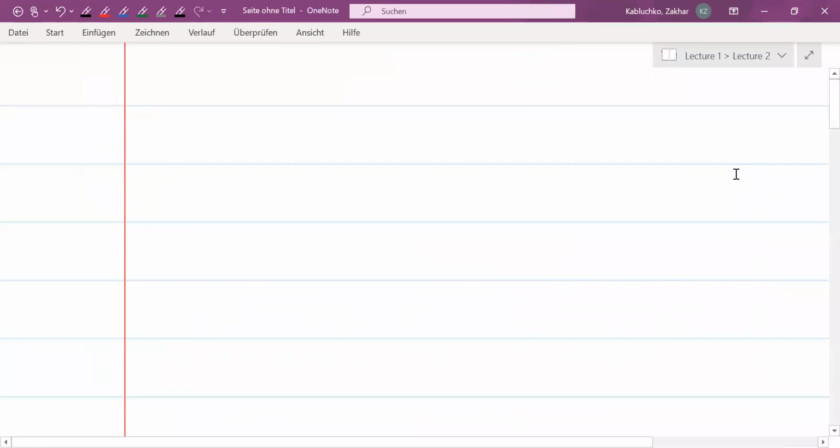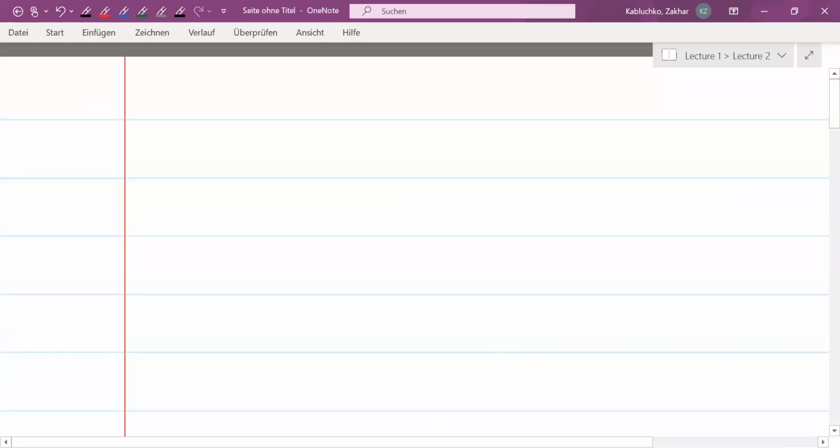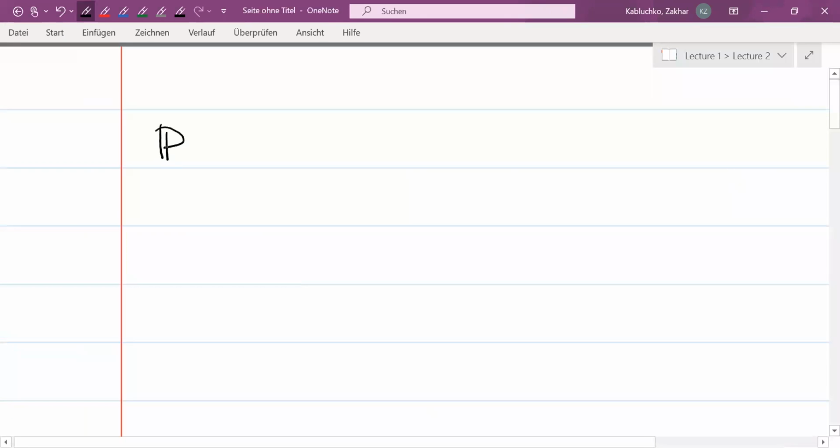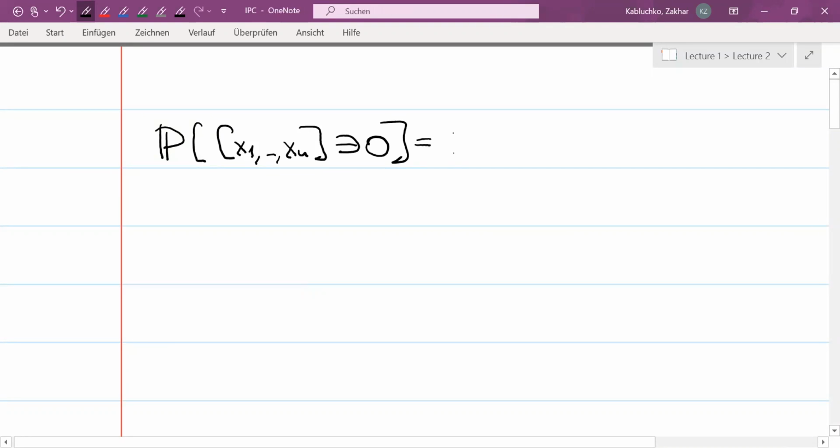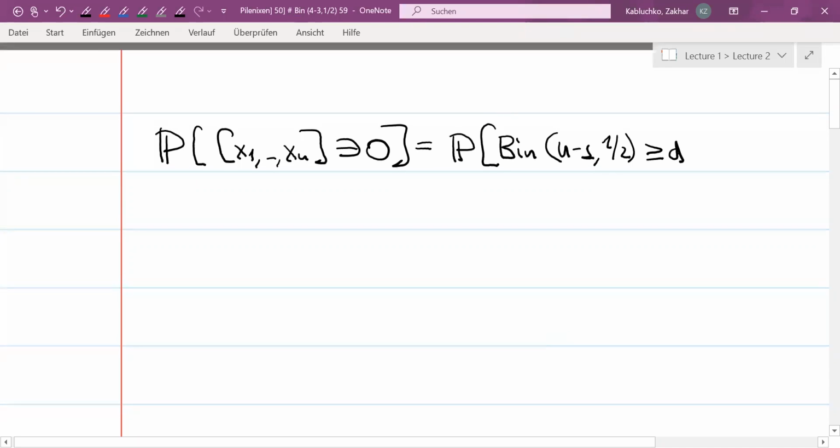Suppose, so the probability is, I will write it down again. The probability that x1, xn contains 0 is the probability that a binomial random variable with parameters n minus 1, 1/2 is greater or equal than d.